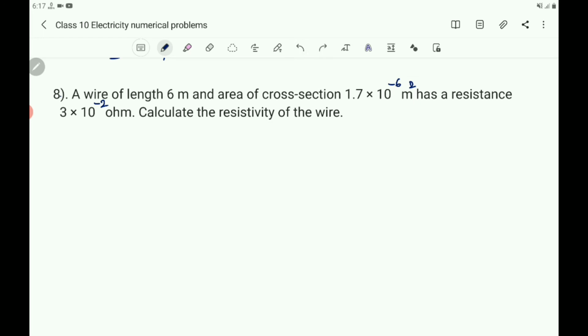So here length is given, that is length is 6 meter and area of the cross section is given, that is A is equals to 1.7 into 10 power minus 6 m square, and resistance is given R equals resistance, that is 3 into 10 power minus 2 ohm.